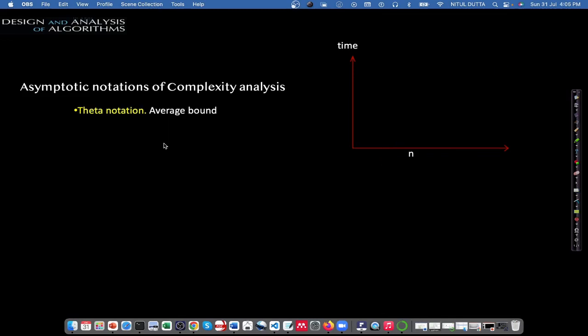The last notation of complexity analysis is the theta notation. This notation gives an average bound of the time complexity. Again, for clear understanding of this term, let us assume that we have the time complexity function for a given algorithm as we have checked earlier.